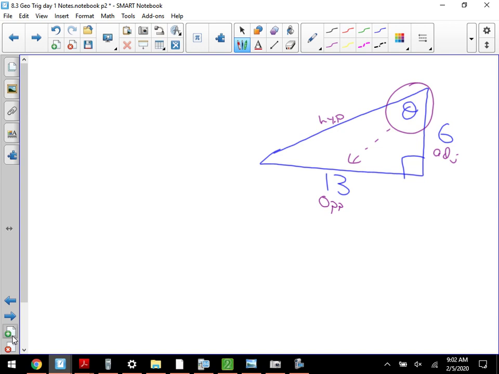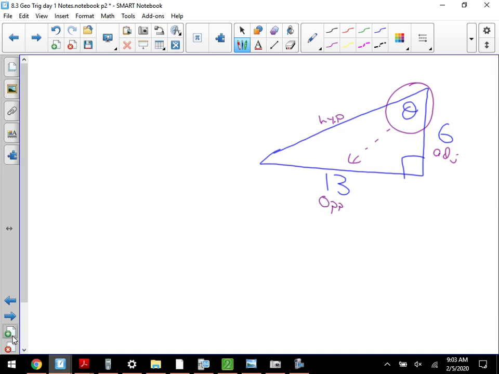As we build into it more next week, those are the decisions you'll make. Because honestly, you're either going to know two sides, or you'll know one side, one angle. If you know two sides, you have to find the angles. If you know one side, you have to find the other sides. That'll fall into place like a flow chart of what do you know, where do you go. We'll get to that next week. But yeah, it's exactly right.